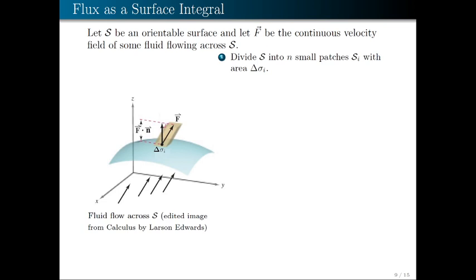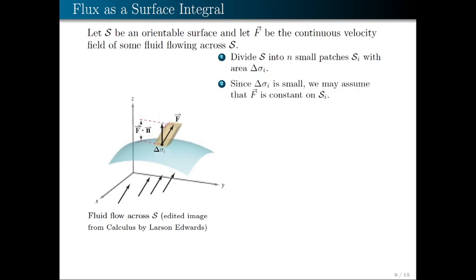Let's call the small patches S sub i's, and the area of each patch would be delta sigma sub i. We approximate the patches by a plane. So instead of a curved surface, we assume that the small patches would be planar.